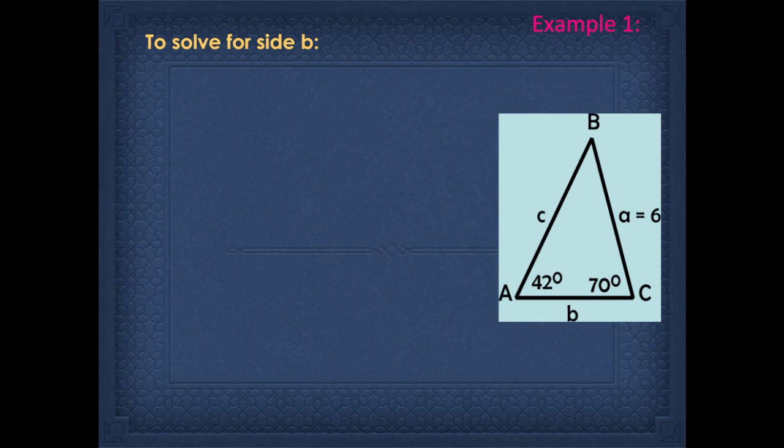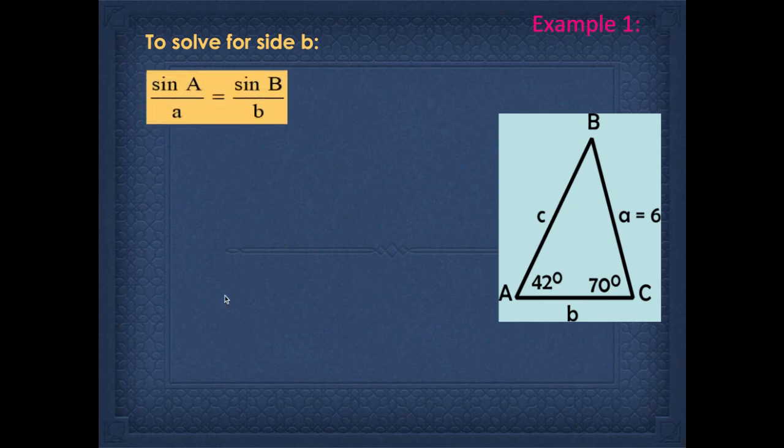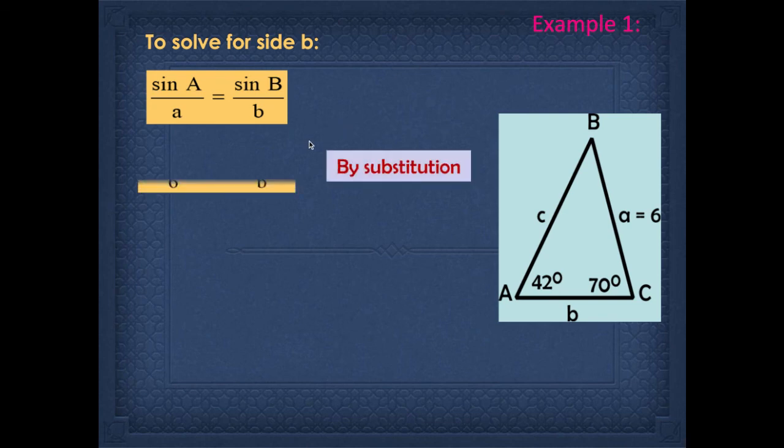To solve for side b, again, we will use the sine law, so we can use this proportion. Why this proportion? Because here, the only unknown variable is side b. Angle A is given, side a is given, angle B we have solved. So the only unknown here is side b. Substituting the values, sine 42 degrees over 6 equals sine 68 degrees over b.